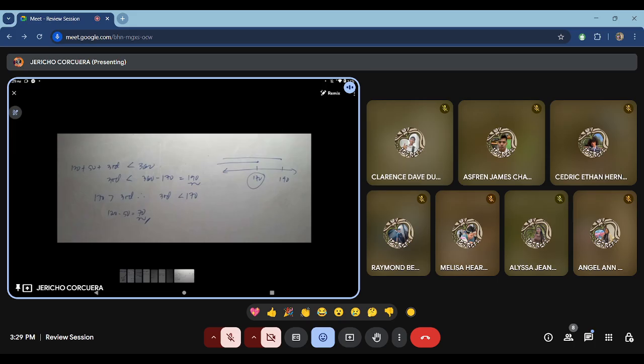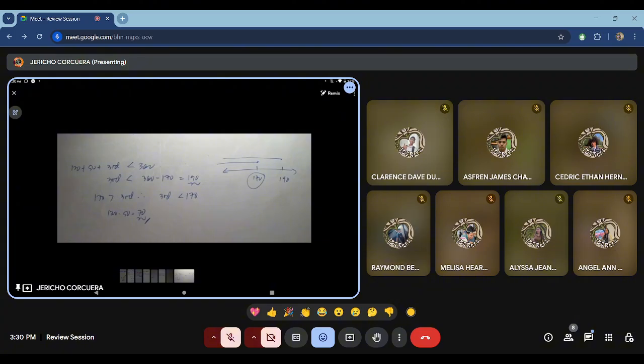If you know the concept of inequalities, we apply the addition property of inequality to find the third. If you add the two, then 170 is greater than the third face angle. So we apply the addition property again.